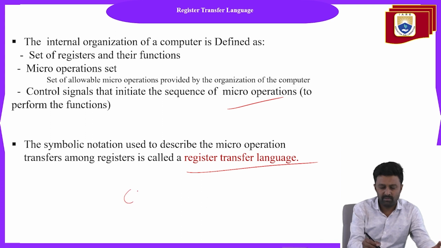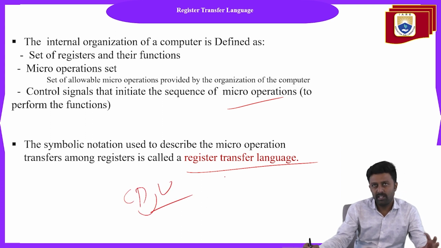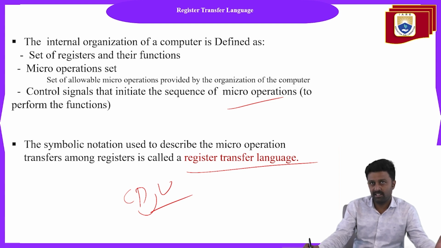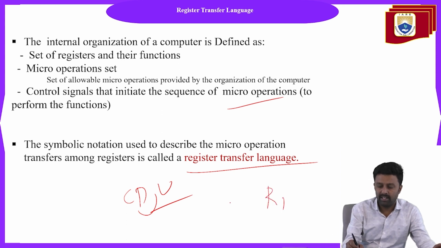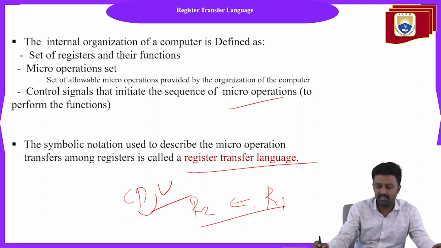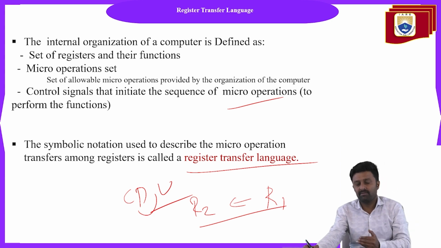Whenever the CPU executes any operation, it executes with the help of registers, the two types being general and special purpose registers. The symbolic notation used to transfer the content of one register to another register, let us say from R1 to R2, we call the register transfer language.